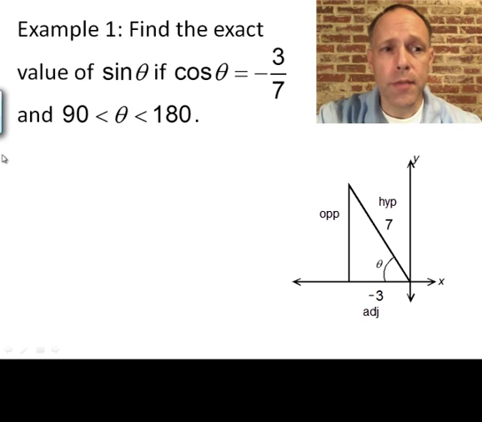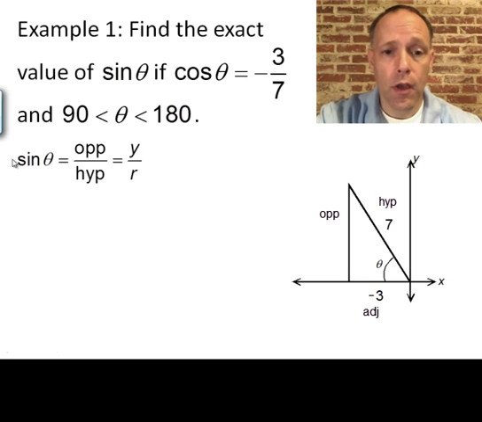The problem asked me to find sine of theta, so I need to go back to my cheat sheet and find out what sine of theta is. The definition for sine is opposite over hypotenuse, so looking at my triangle, I need to know the value for this side here, because this is the opposite. Well, it's a right triangle, so I can use the Pythagorean theorem to find y.